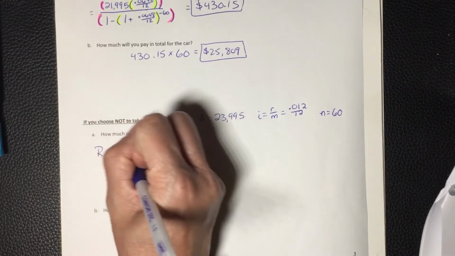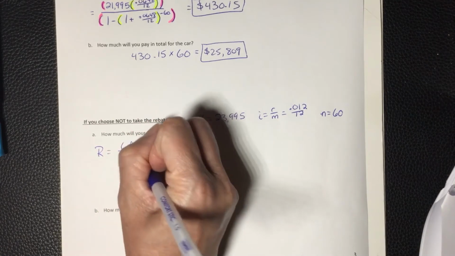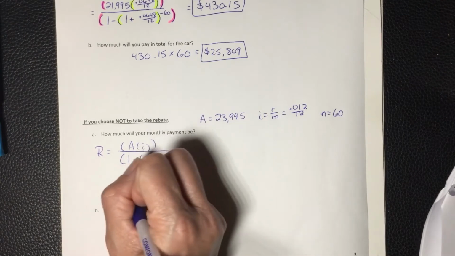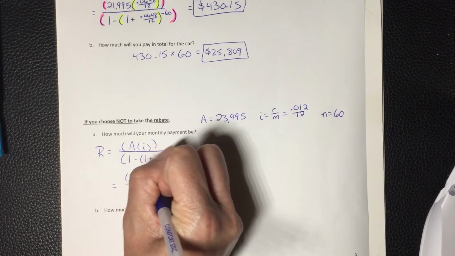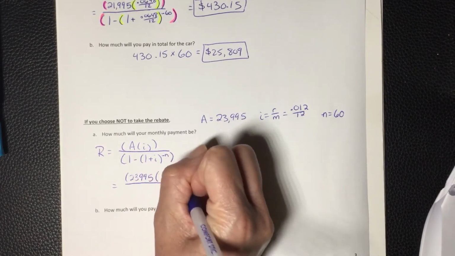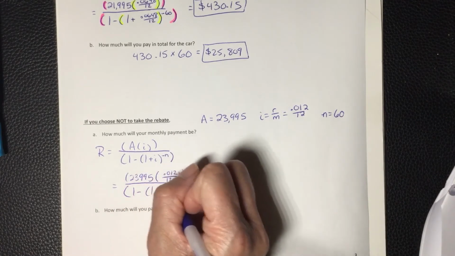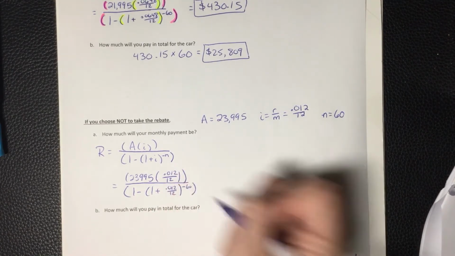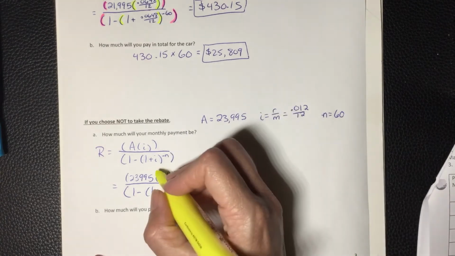We always start with our formula. We're going to write that down first. Okay, so this time we're borrowing a little bit more money, $23,995, but our I is 0.012 divided by 12. And we're still raising to the negative 60. All right, so we do have some very different numbers here.